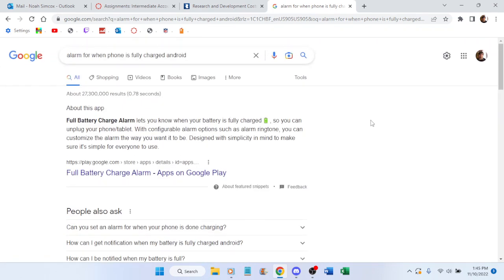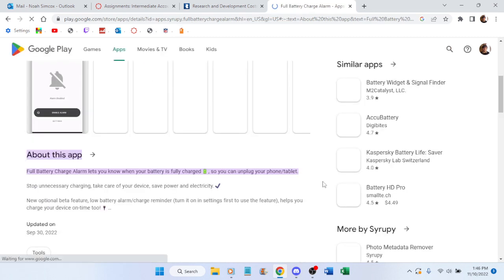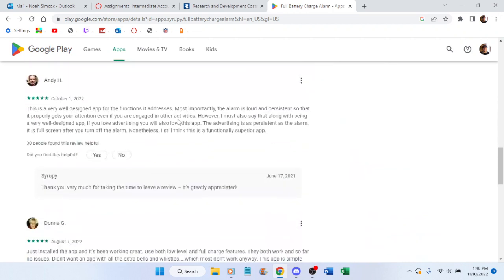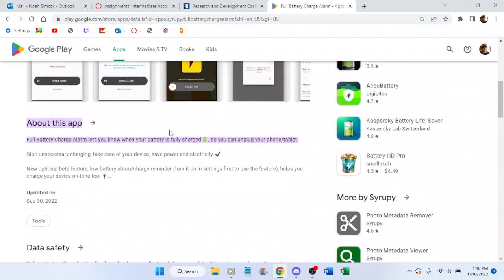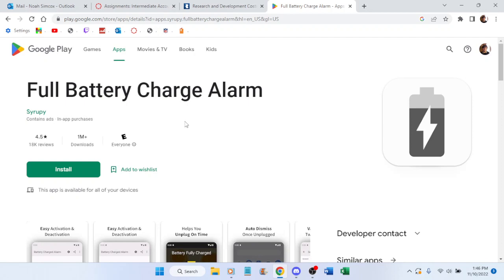I'm just going to get that because I don't care. It has 4.5 stars. Wait, what if it's not the right app? It's 4.5 stars. It's this one. Install.